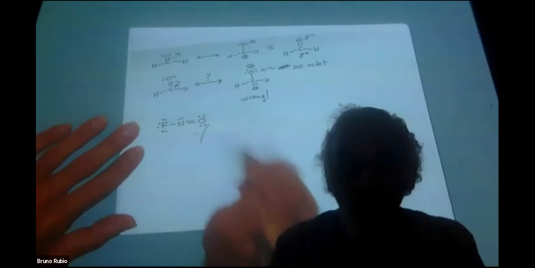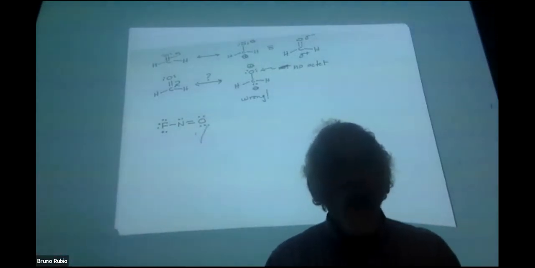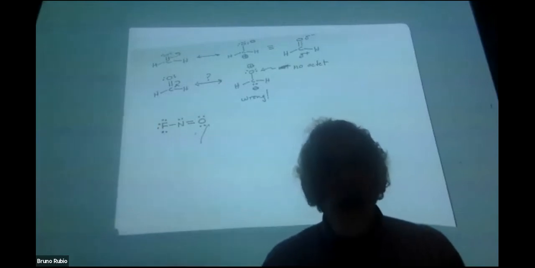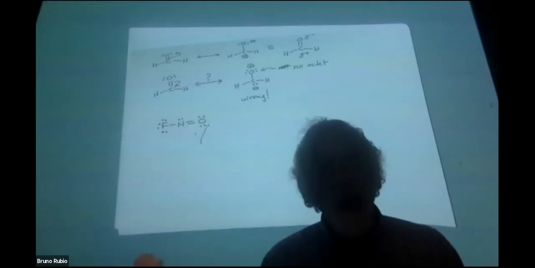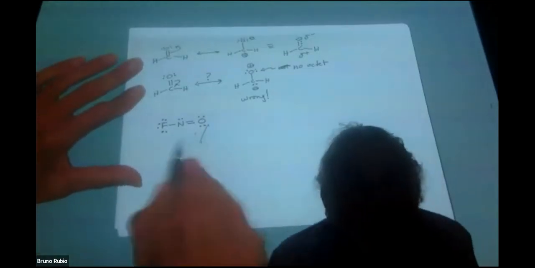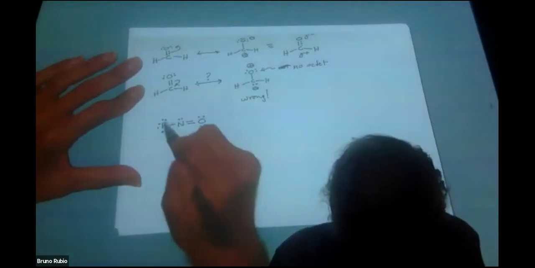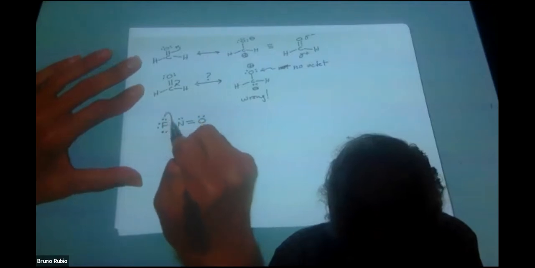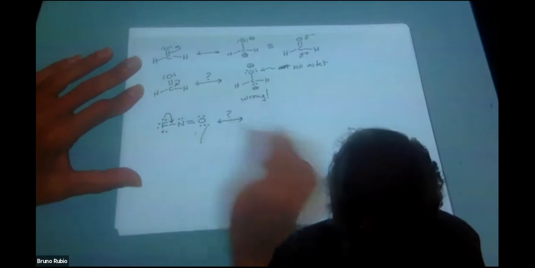When we're writing resonance structures, we're moving single bonds that belong to multiple bond systems, and we're moving unshared pairs of electrons. So I'm going to do this problem wrong a couple of ways and then see what's wrong with each of these moves and then fix it. Okay, here's an unshared pair of electrons. I'm going to move it there. Resonance question.